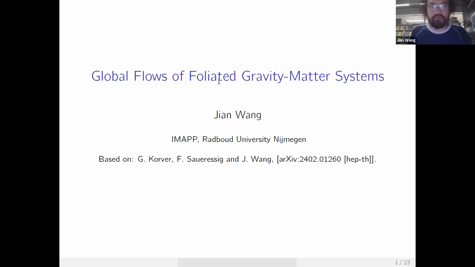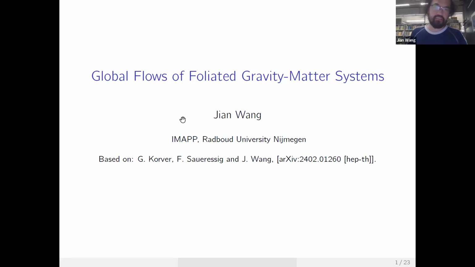In the title, foliated gravity matter system means that we are going to consider a gravity matter system on a foliated spacetime, where we will make use of the ADM decomposition of the metric. And global flows means that we are going to consider the global structure of the RG flows, including the UV completion and also the infrared completion.